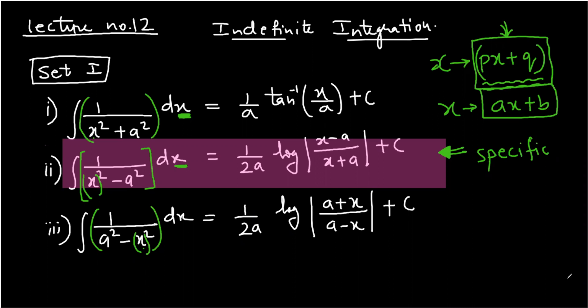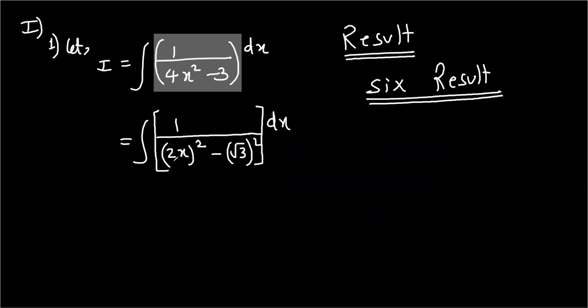So here what do I have? I have variable square minus constant square, and the variable is not x, it is 2x. Is it allowed? Yes. Why allowed? Because x is replaced by 2x plus 0. See, 2x plus 0, px plus q is 0 here, so it is still allowed.